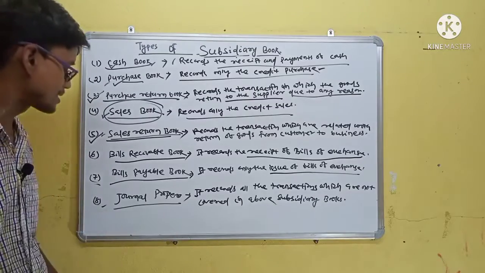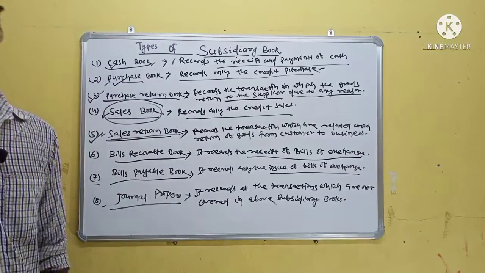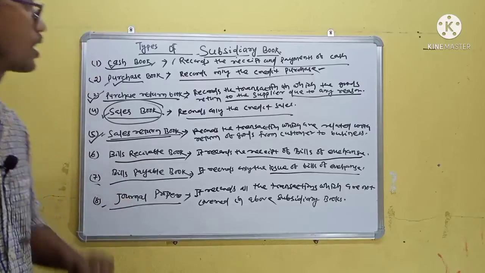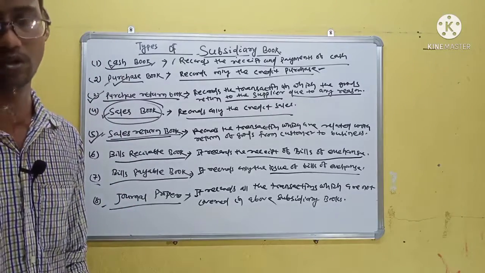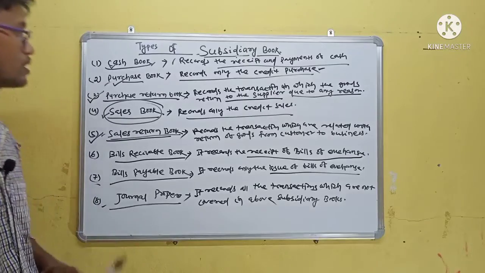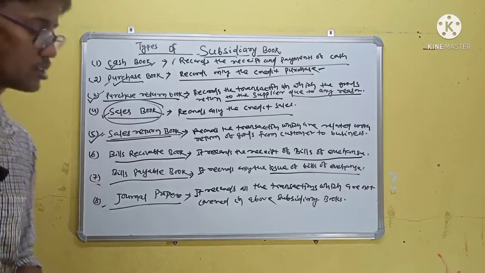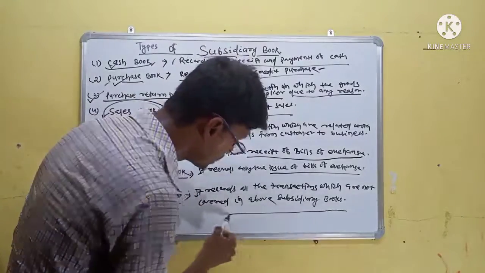And last is the journal proper. It records the remaining transactions which are not covered by the above 7 subsidiary books. It records all those transactions which are not covered in the above subsidiary books.